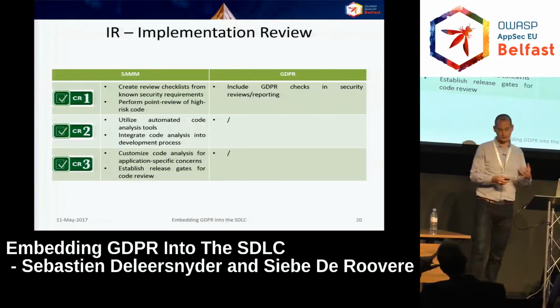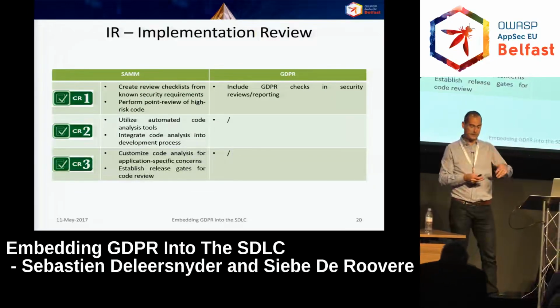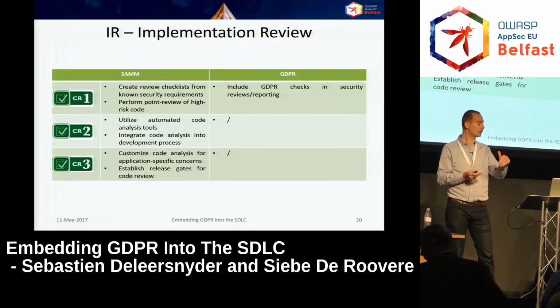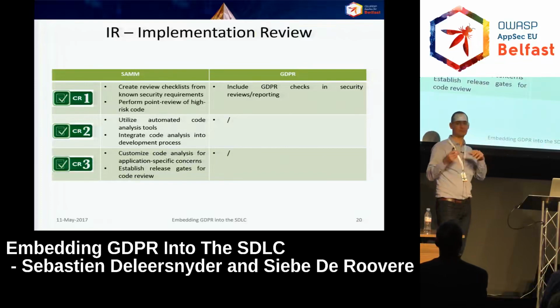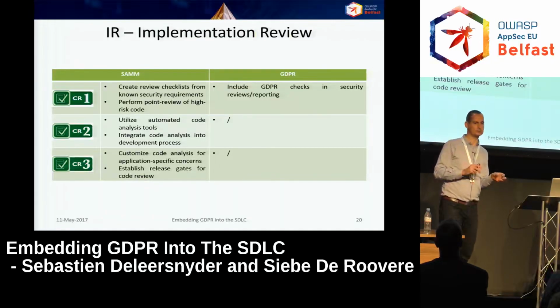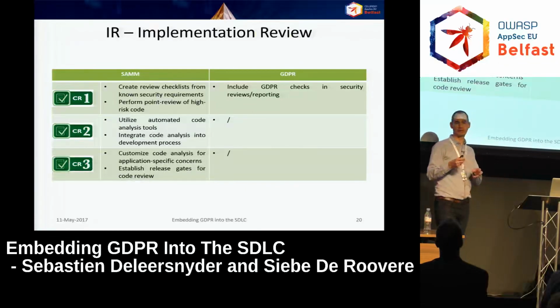A second one, besides the design, is having a look at the code itself. An important security practice called implementation review is actually doing source code review or static analysis, making sure that the code doesn't have any secure coding bugs in it. Here it becomes a little bit harder, because is a coding bug related to GDPR?